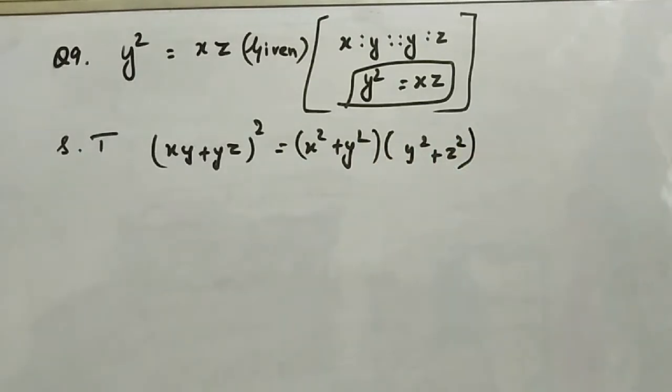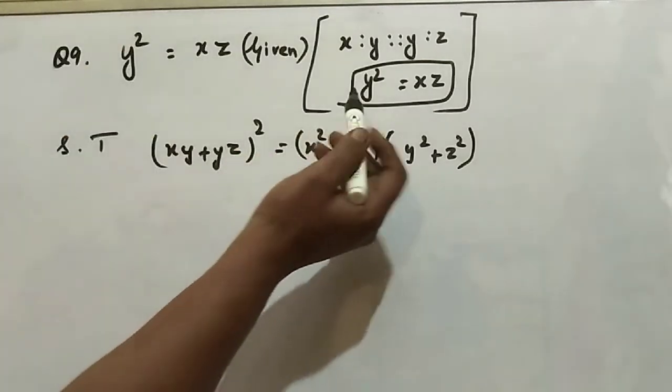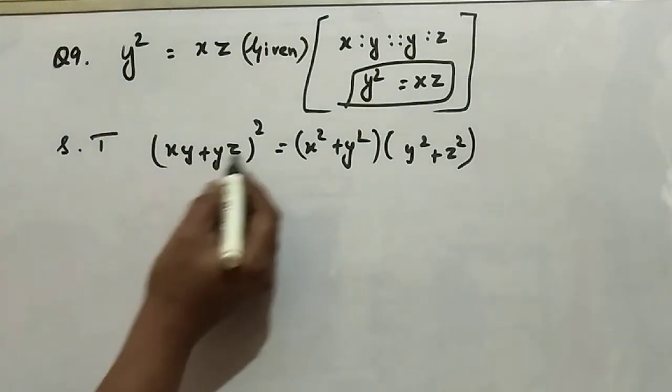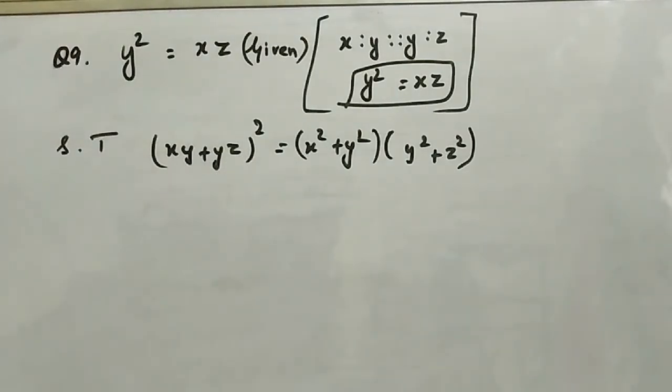Mean proportional of xy plus yz is the mean proportional between x square plus y square and y square plus z square. Okay. Now, wherever y square is there, you can put xz.